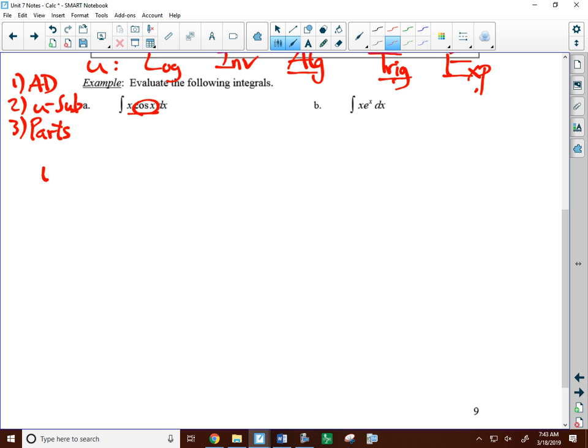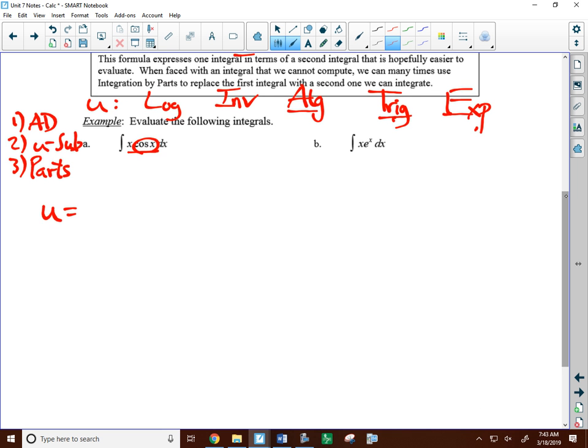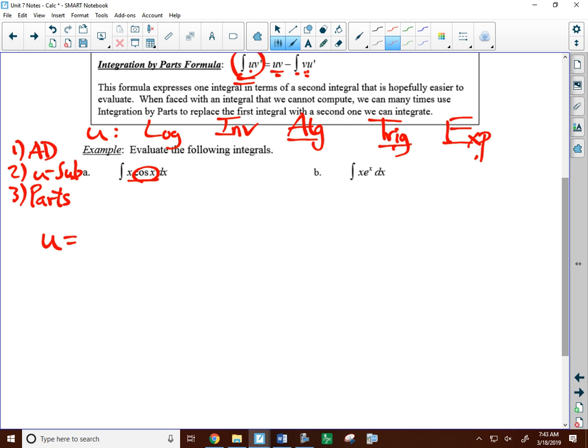Now for this, you have to choose a u and a v prime in this formula. I need a u and a v prime, and if we get that, then we can integrate. So for the choice of u, I said to go in this order. There are no logs. There's no inverse trig like cosine inverse. There is algebra, and it's x.